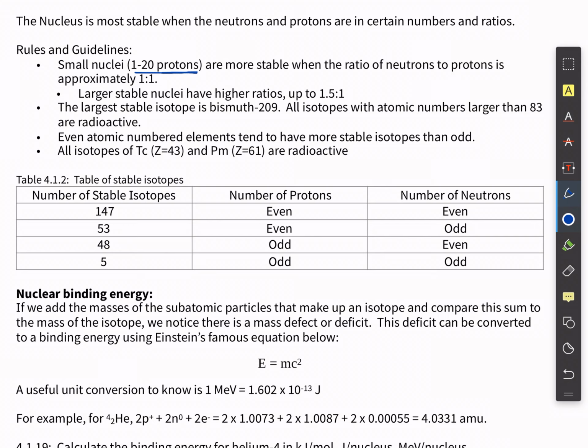As you get to heavier elements, that neutron to proton ratio starts to increase and starts to approach 1.5 to 1. The largest stable isotope known to science is bismuth-209.